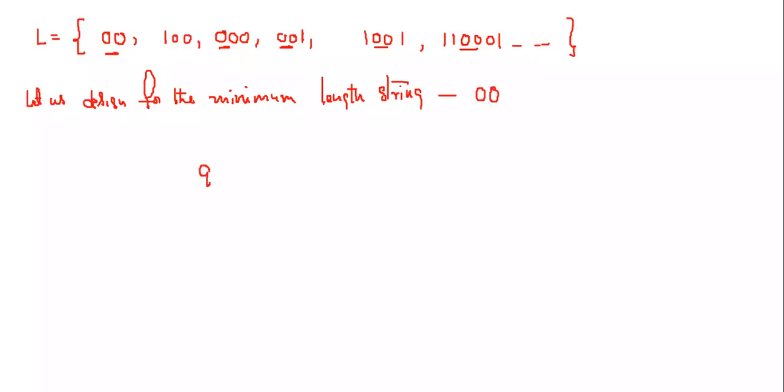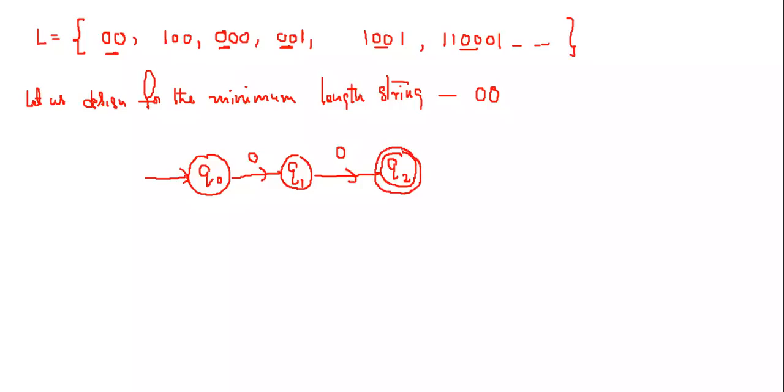Here on Q0, on taking the input 0, I am going to Q1. On Q1, on taking the input 0, directly I am going to Q2. Now I am making Q2 the final state. So this is the diagram for the minimum length string 0, 0.